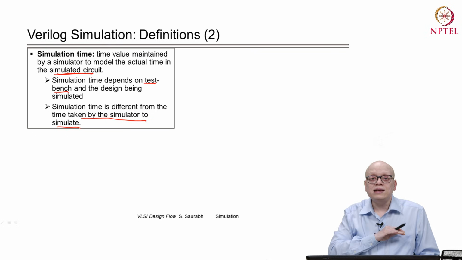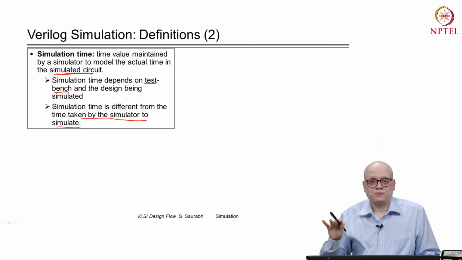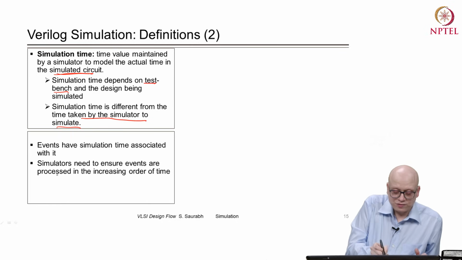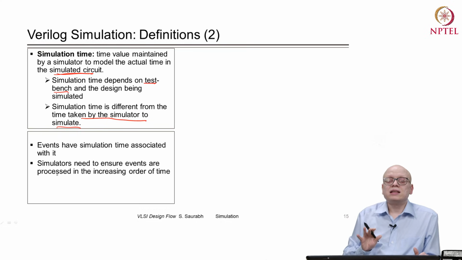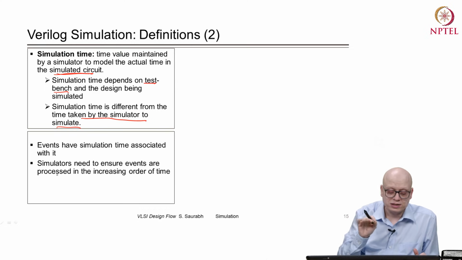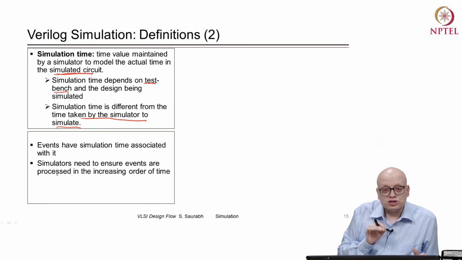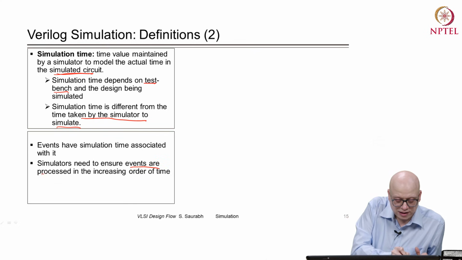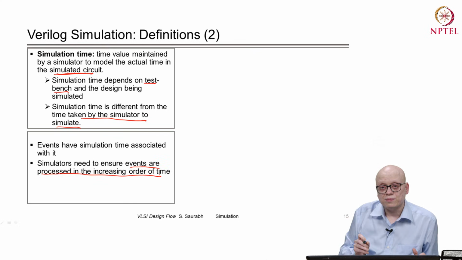Now, events have got simulation time associated with them. For each event that is there in the simulator, there is a unique simulation time associated with it. Now, the simulator should ensure that events are processed in the increasing order of time.